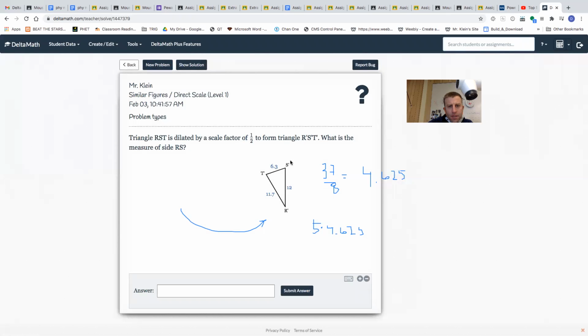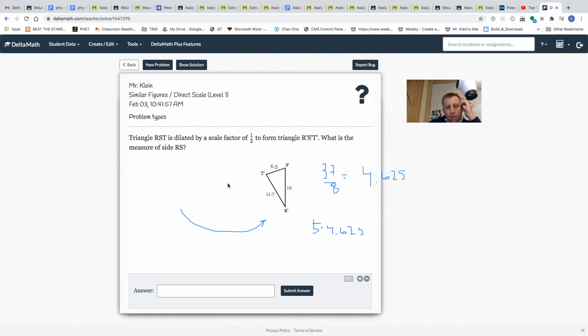Except they give you a scale factor, and you have to figure out a different side. So RST is dilated by a scale factor of 1/2 to form R prime, S prime, T prime. This is actually the after, okay? This is after the scale factor of 1/2. So what's RS before?